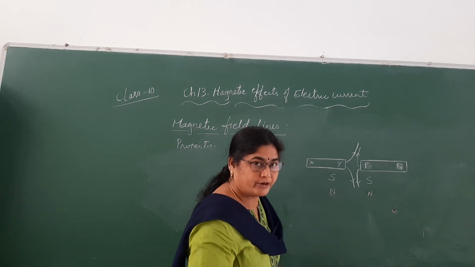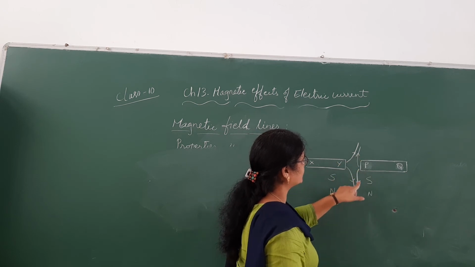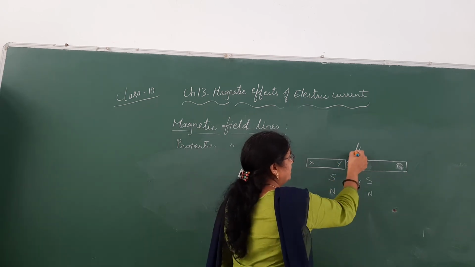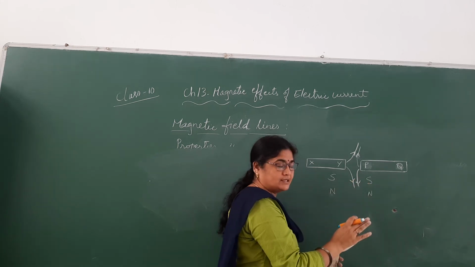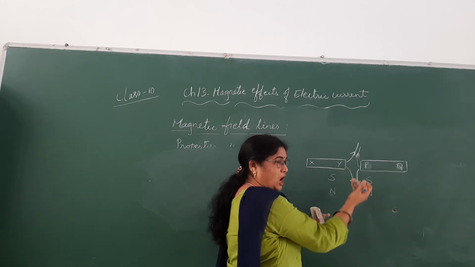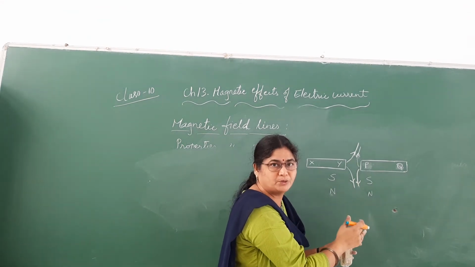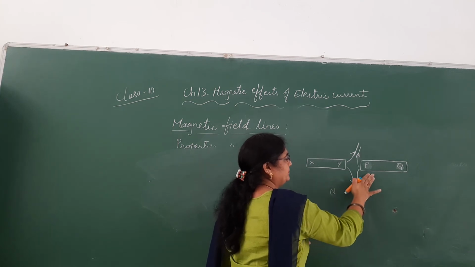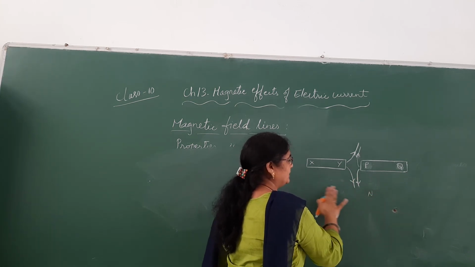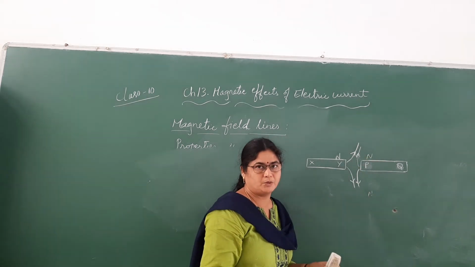But very clearly, by seeing the arrow marks, which are shown outwards, meaning they are emerging out, and emerging out is possible only from the north pole, Y is not a south pole and P is also not a south pole. So definitely they are north poles.